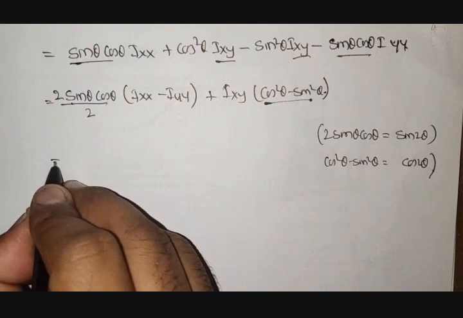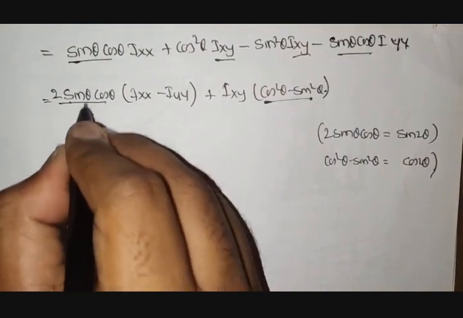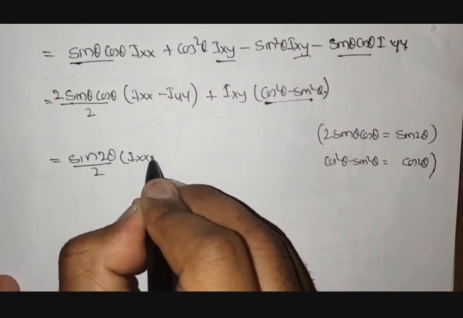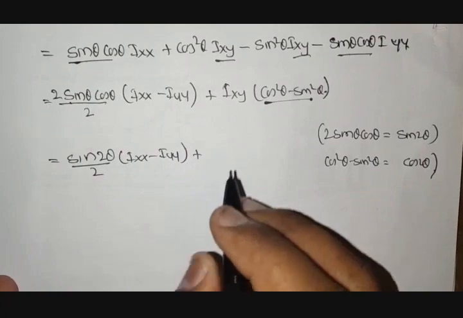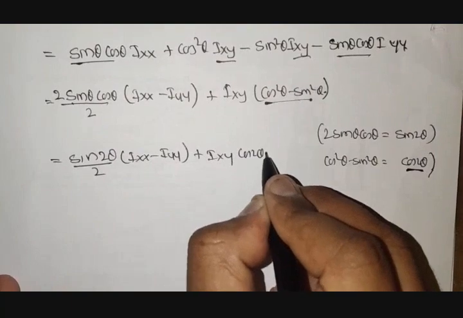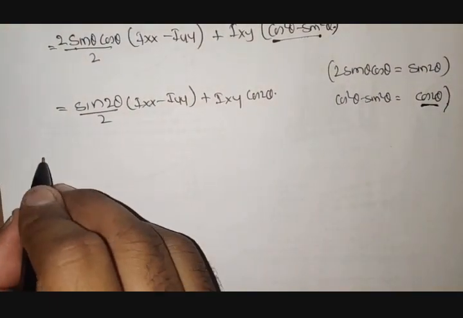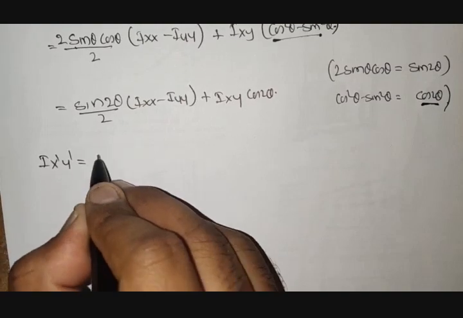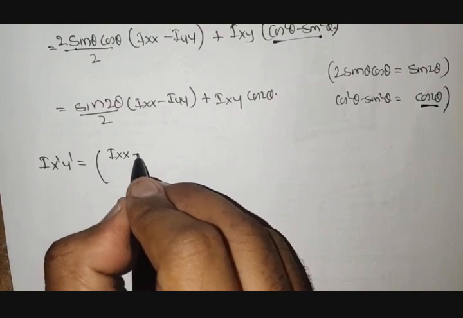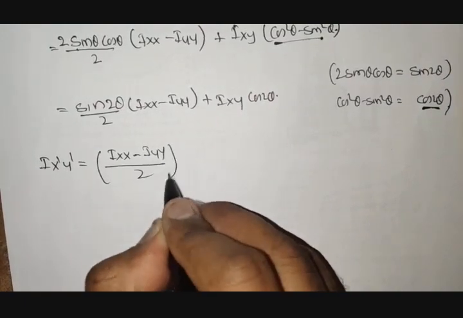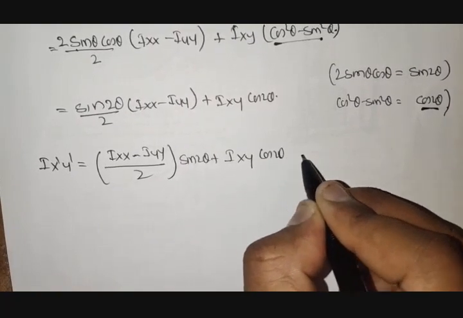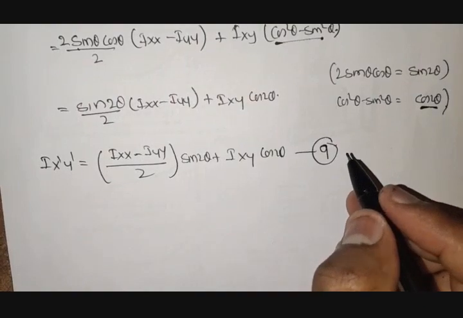So substituting these values, it will come as sin 2 theta by 2 of (Ixx minus Iyy) plus Ixy cos 2 theta. From this it is clear that the product of inertia is (Ixx minus Iyy) divided by 2 into sin 2 theta plus Ixy cos 2 theta. Make it equation number 9.